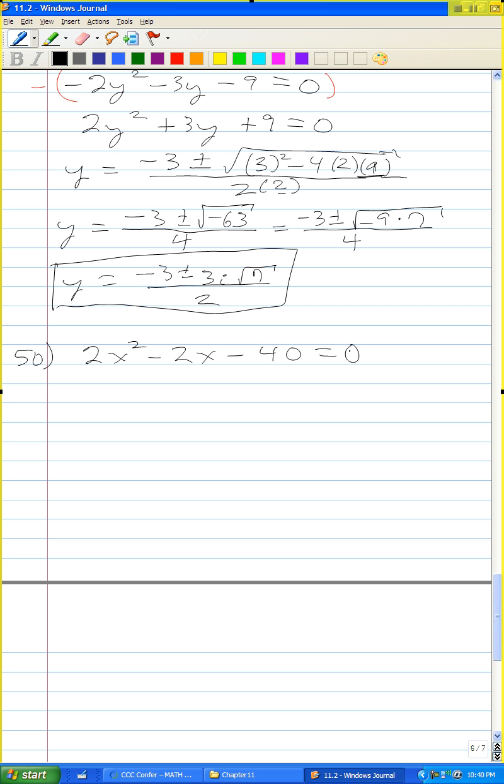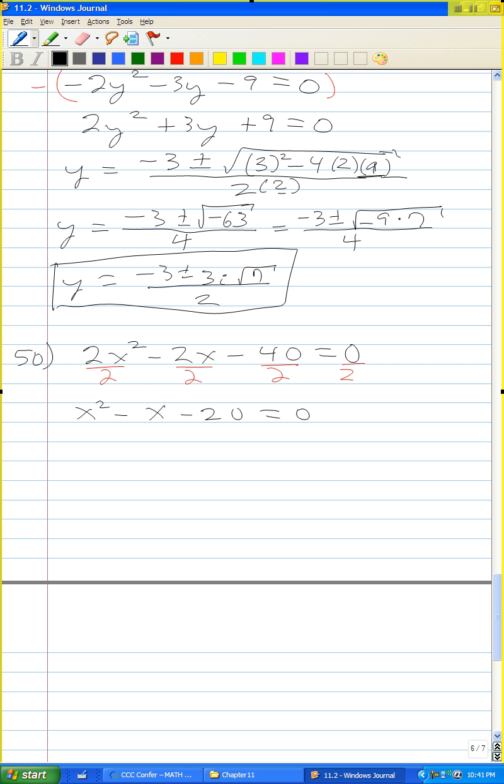In exercises 51 through 58, compute the discriminant of the quadratic equation, determine the nature of the roots of the equation. So first off, before I even plug in, let me divide by 2. That will simplify the computations. And so I get x squared minus x minus 20 is 0.